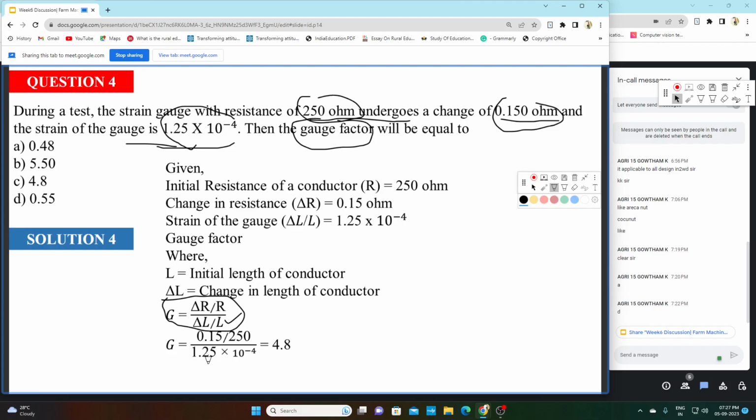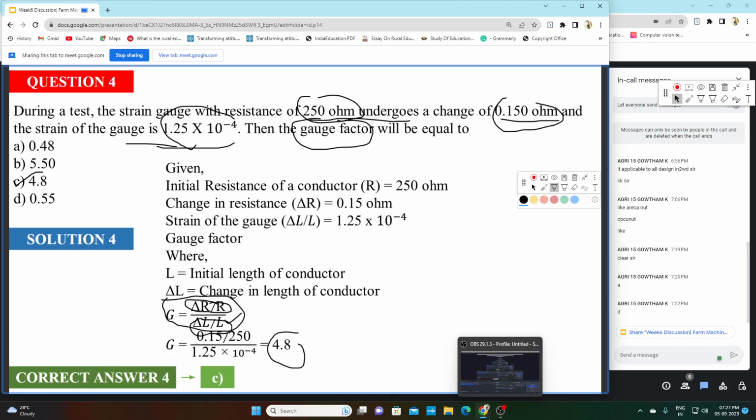So our answer will be 0.15 divided by 250, that gives delta R by R, and strain delta L by L is already given, that is 1.25 into 10 raised to the minus 4. When you do the calculation, 0.15 by 250 divided by 1.25 into 10 raised to the minus 4, you will get the answer 4.8. So option C is your correct answer.